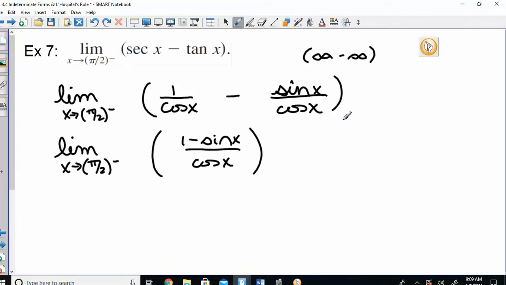Alright, let's see what we've got. Sine of pi over 2, that's sine of 90, is 1, so 1 minus 1 is 0, over cosine of pi over 2, which is 0. So it's currently 0 over 0, which tells me we need to do L'Hopital's.